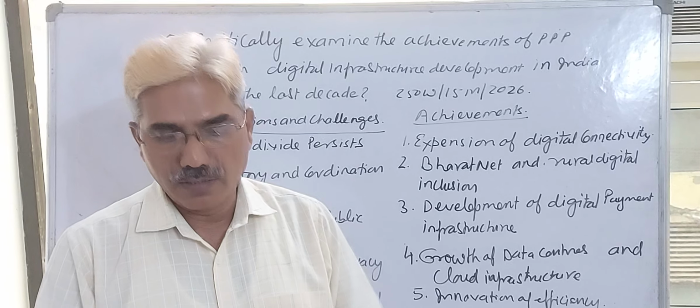Now, the question is very simple: the achievements of the triple P model in the development of digital infrastructure, and you have to examine this critically. That means what kinds of achievements we have, and where we are lagging behind, or what the problems are in the effective implementation of triple P in digital infrastructure development.